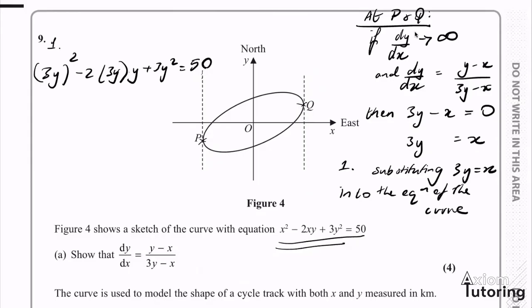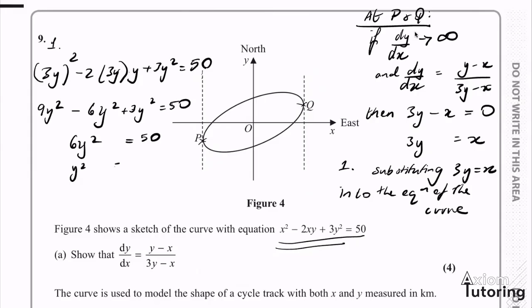So now I want to clean up these terms. So 3y all squared, that's 9y squared, minus 2 times 3y times y, so we have 6y squared, plus 3y squared equals 50. So adding up these terms, 9y squared minus 6y squared plus 3y squared, in total we are going to have 6y squared equals 50.